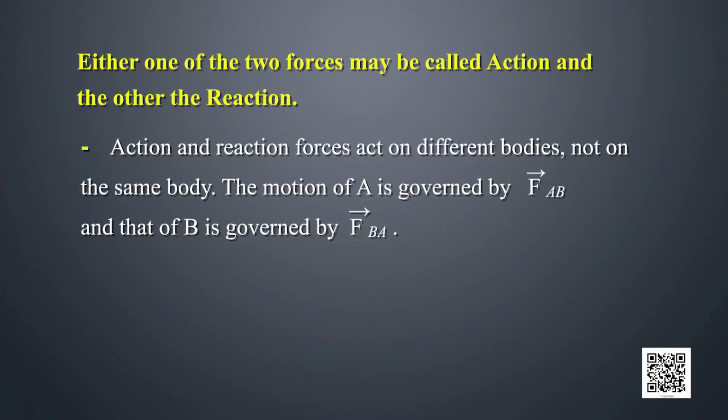Either of the forces can be called action and the other is called the reaction. Action and reaction forces act on different bodies and not on the same body. The motion of A is governed by FAB, that is, force due to B on A, and the motion of B is governed by FBA, that is, force on B due to A.